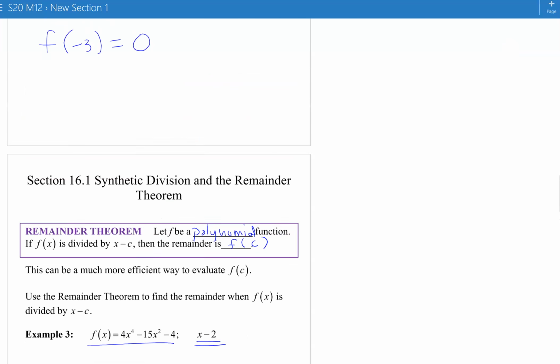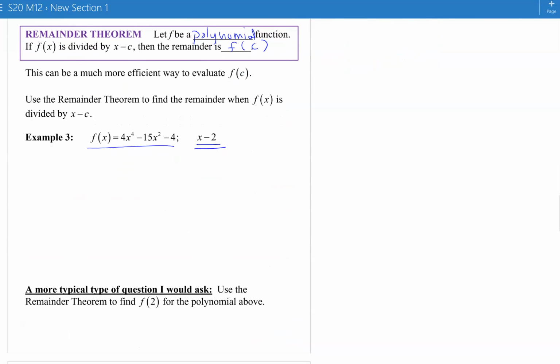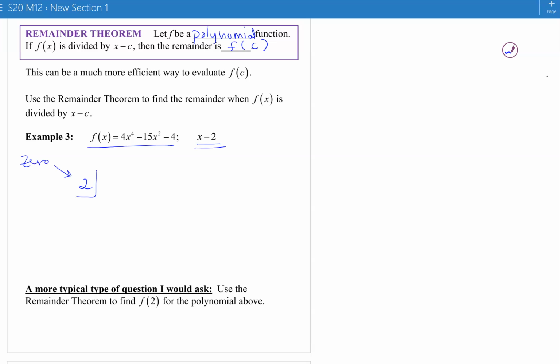So recall that the remainder is the f of the function. So we're going to divide by 2. Well, we're going to put the 0 of 2 in the synthetic division. And keep in mind that we're dividing by x minus 2 when we put a 2 here. Then the x to the fourth term has a coefficient of 4.